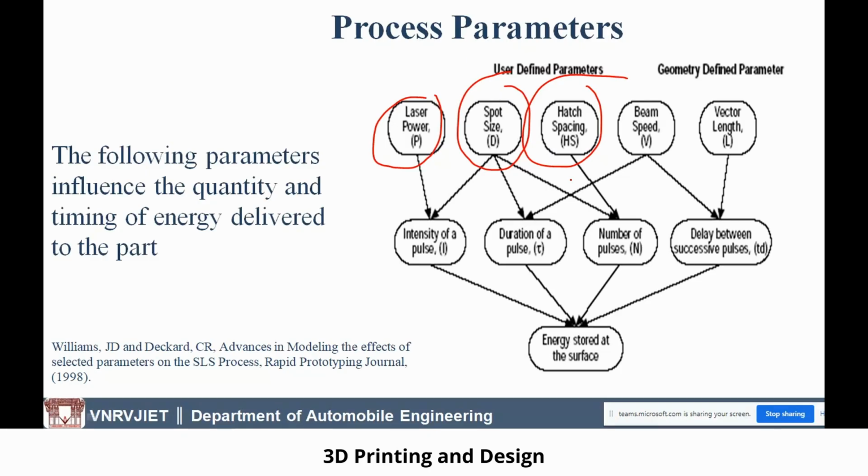Suppose you produce parts by varying these parameters, and after that you measure the quality characteristics, and under which parameters you are getting a good strength component, that you can finalize for mass production.